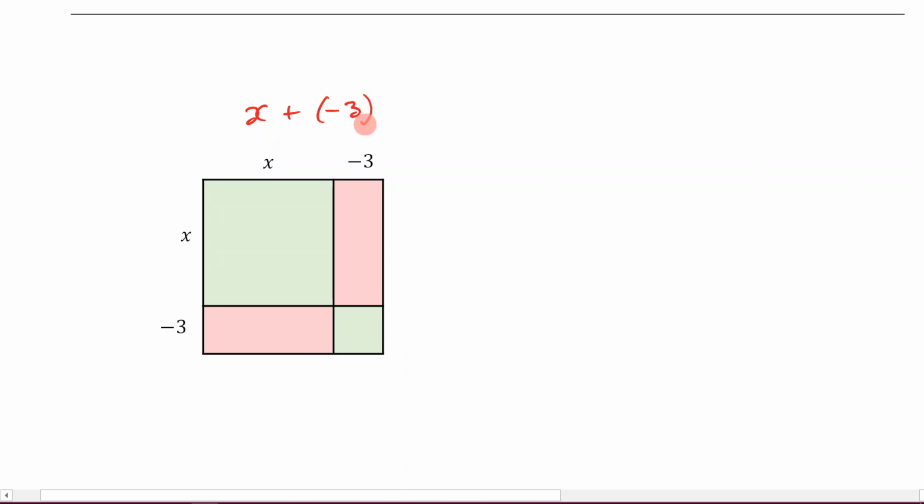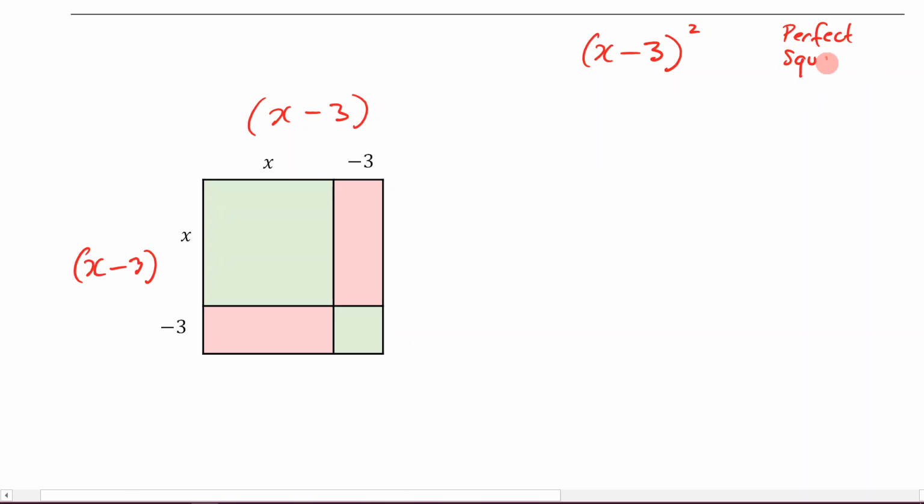Now remember, when you're plussing a negative, it's the same thing as just going x minus 3. And so too on this side, it's going to be x minus 3. So that means what my formula for the area would be is x minus 3 squared. And this is a perfect square. So when you see something like that, you know you're dealing with a perfect square.